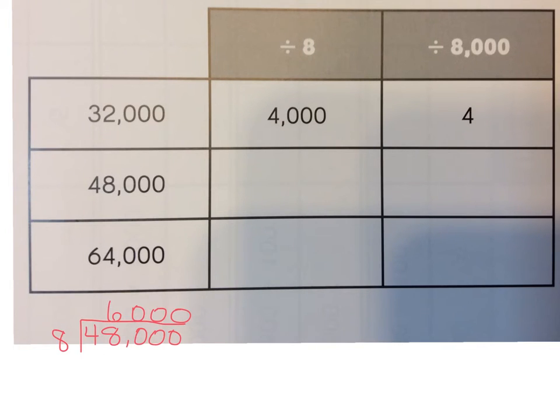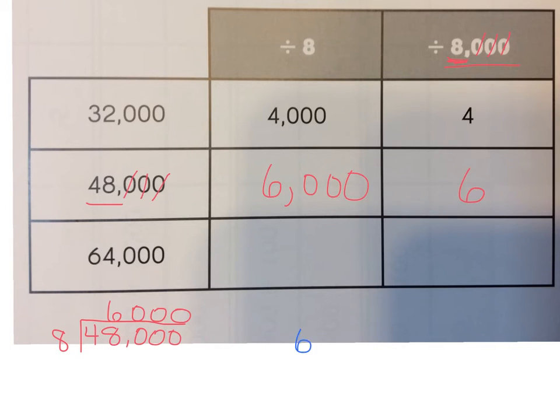Pause the video and you try it with dividing by thousands. So 48,000 divided by 8 is 6,000. To divide by 8,000, there's 3 zeros that we can knock off of each number. So 48 divided by just 8 is 6.